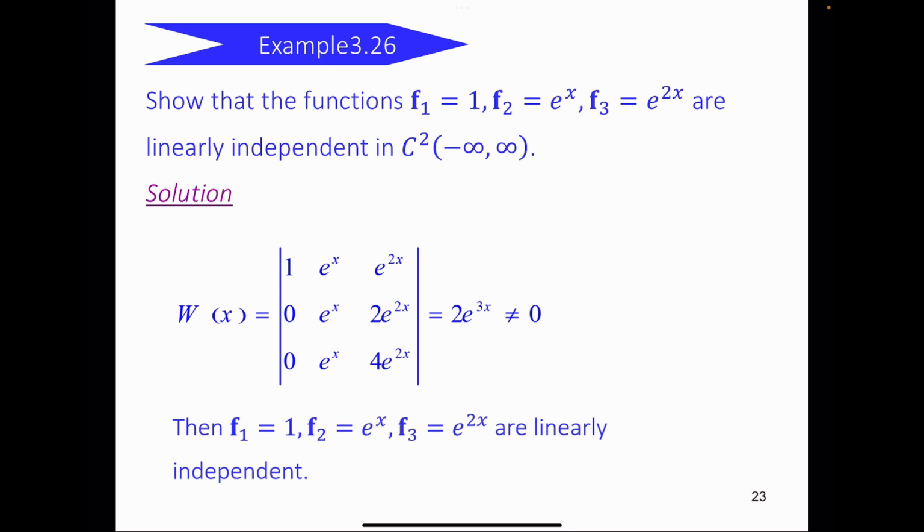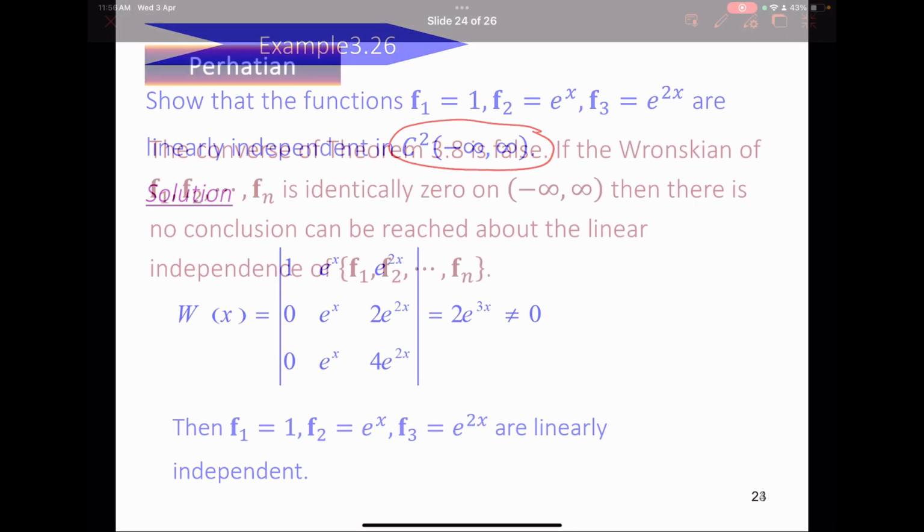The same goes for the next example. In this vector space, we consider f1, f2, and f3, and we found that the Wronskian is not equal to 0 again, and then the vectors f1, f2, f3 form a linearly independent set.